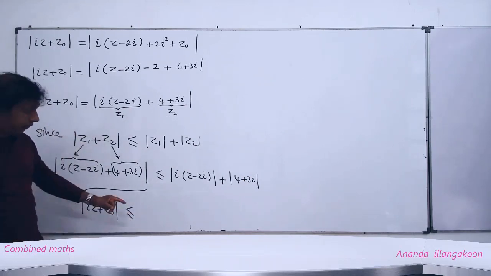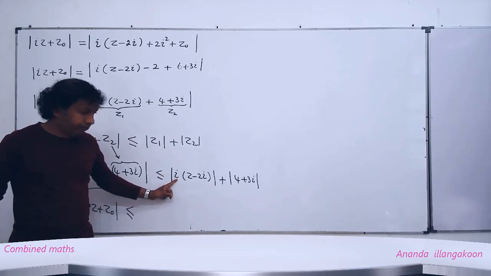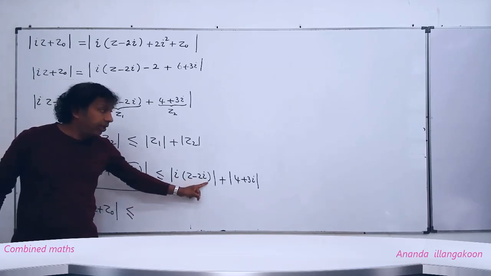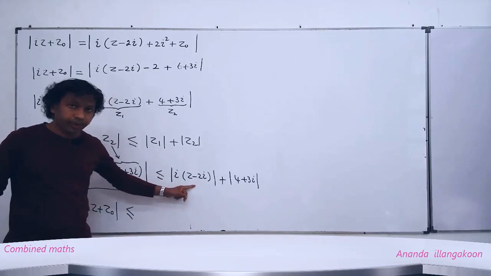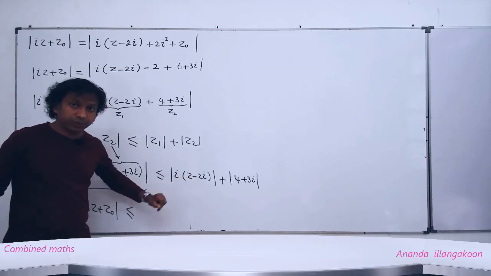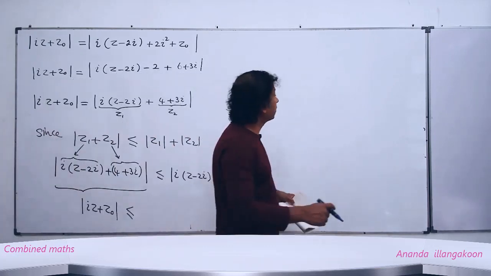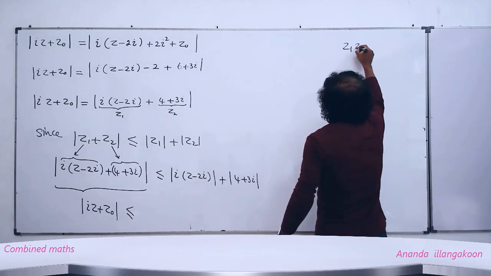Here, i is a complex number. z minus 2i is another complex number. Then here we have a product of two complex numbers and its modulus.